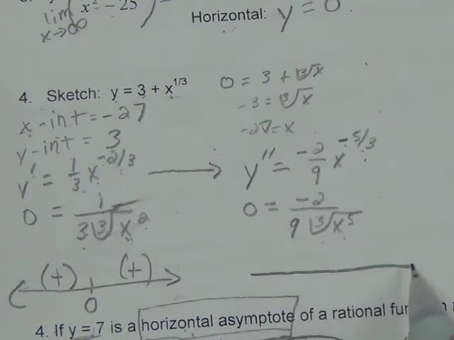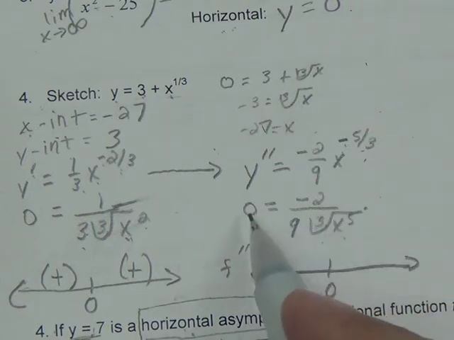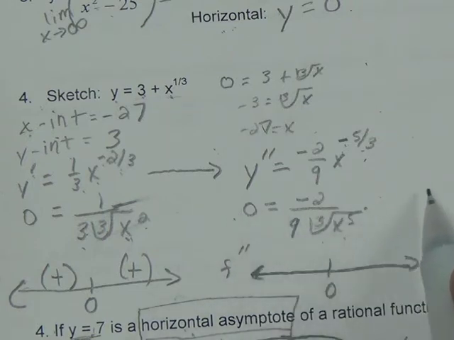So we've talked about earlier in some of these packets, we can get points of inflection when the second derivative is undefined, not just when it equals 0. So we have to test 0. If we tried to solve this equation again for x, so if we multiplied this over, it would cancel. When you multiply on this side, you're going to get 0. So you would end up getting like 0 equals a negative 2/9. That's not true. So there is no other point to test. We are only worried about 0.